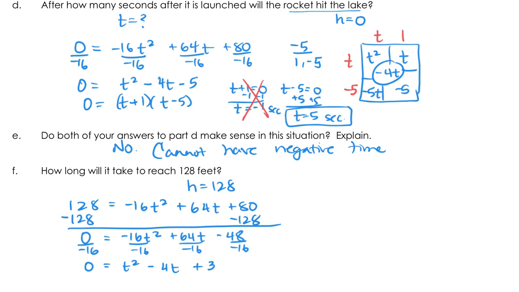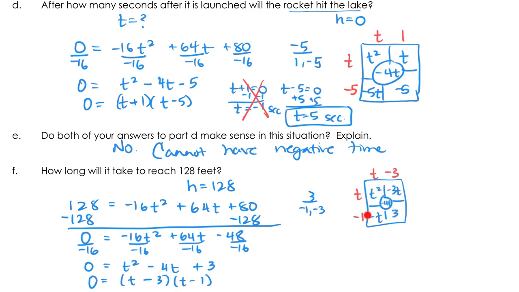So again, I'm looking at factors of 3 that add to negative 4. And so that is going to be negative 1 and negative 3. And you can put that in the box method. Or if you do guess and check, you only have really one option here.